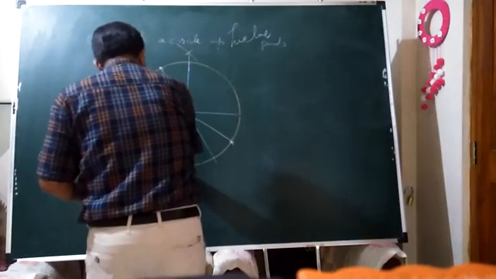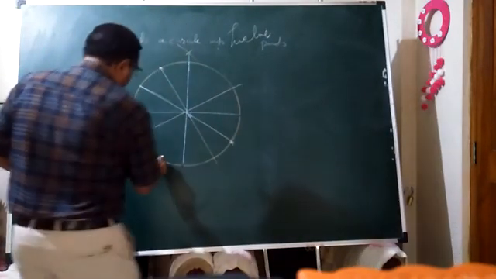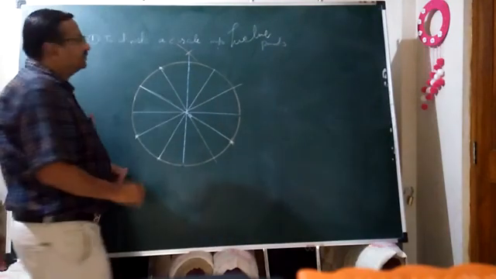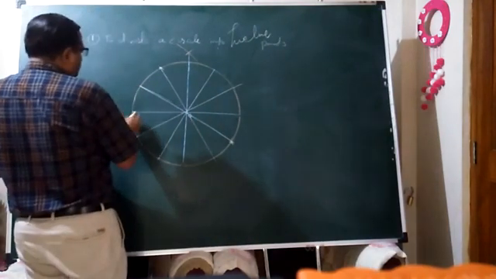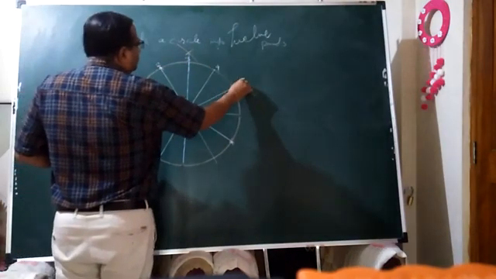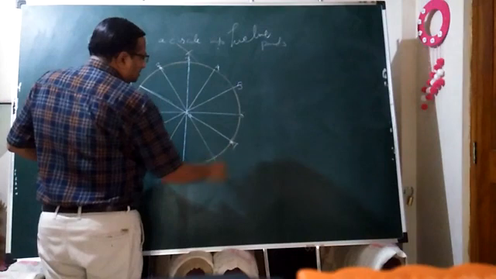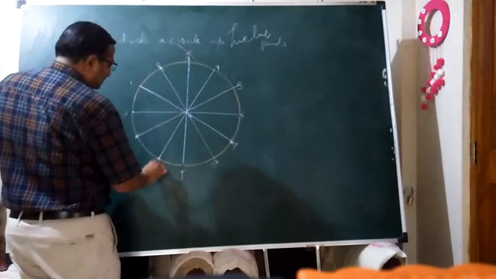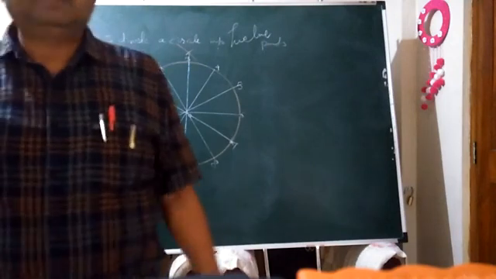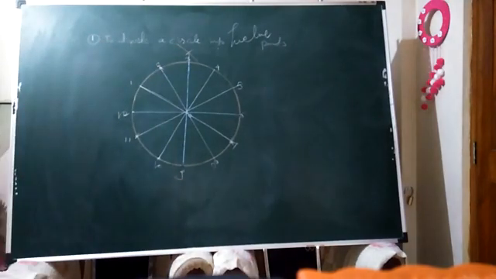This I will pass through center. This I will pass through center. So suppose this is 0, 1, 2, 3, 4, 5, 6, 7, 8, 9, 10, 11, and last one is 12. In this way, 12 equal parts of a circle we have got.